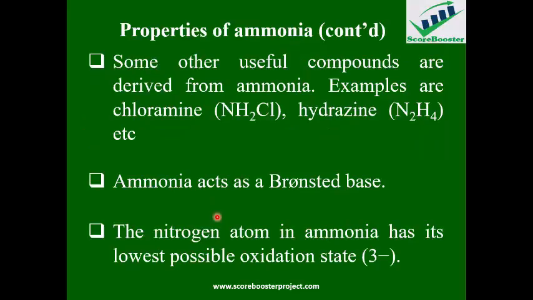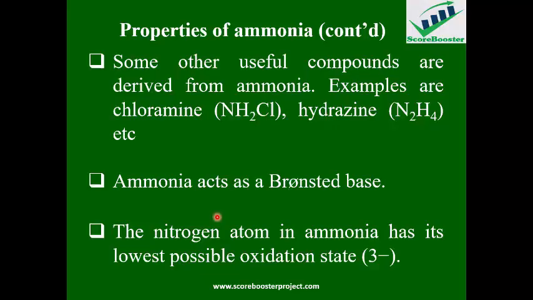Some other useful compounds are derived from ammonia. It's just a matter of exchanging one of the atoms of ammonia, the hydrogen. You can replace it with any compound or any atom.